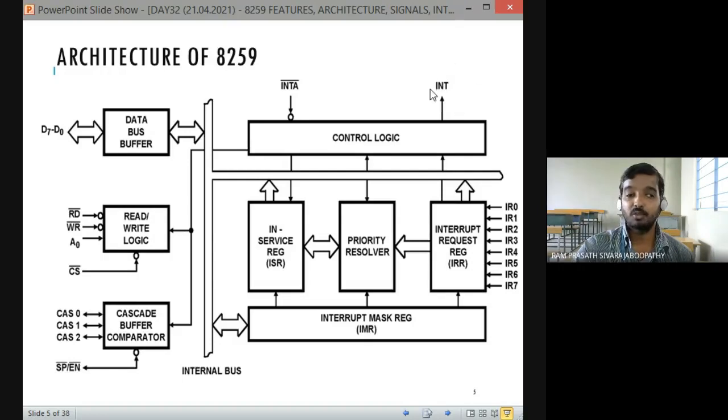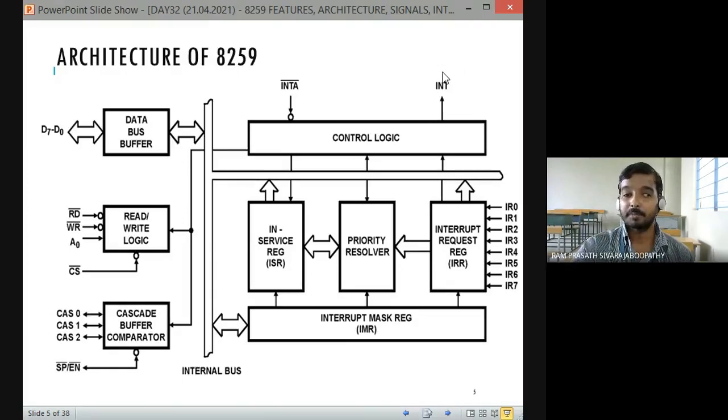Did you understand the purpose of the INT pin of the 8259? Based upon the priority and the other things we have programmed, it resolves the priority, and then that particular interrupt is allowed. On the single interrupt, the 8085 is going to be interrupted.